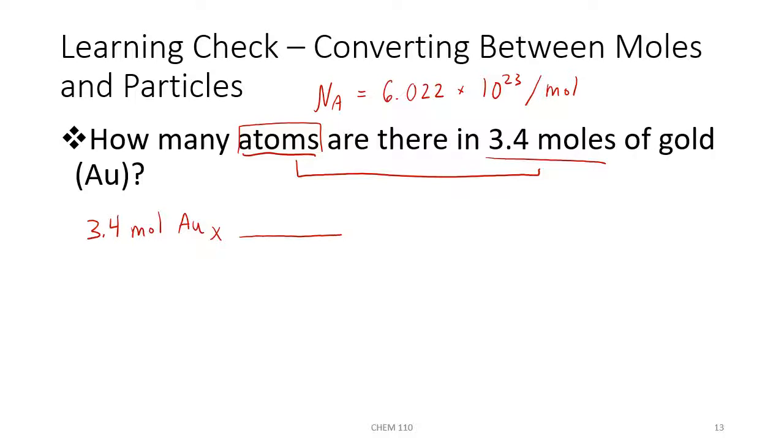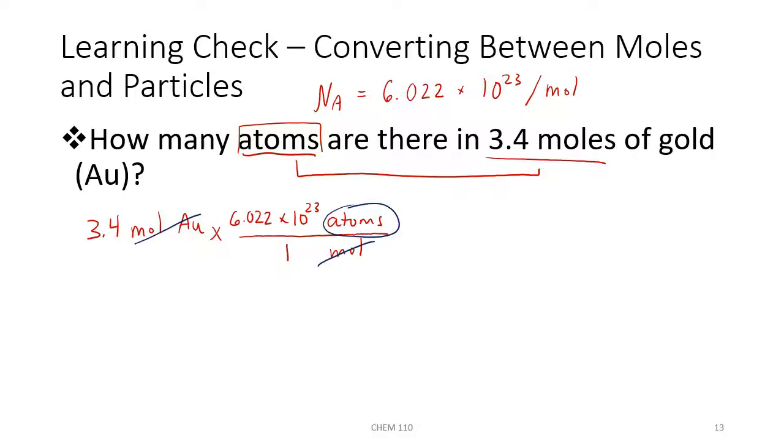And to convert, we're going to have to put moles in the denominator and units of atoms in the numerator. We're going to want our moles to cancel and our atoms to be our final unit. We know that Avogadro's number says 1 mole of any substance is 6.022 times 10 to the 23rd things, in this case atoms. So our moles will cancel. We'll be left in units of atoms.